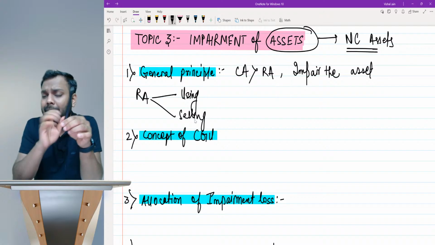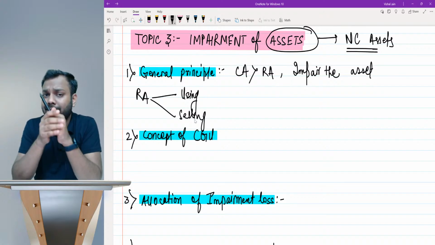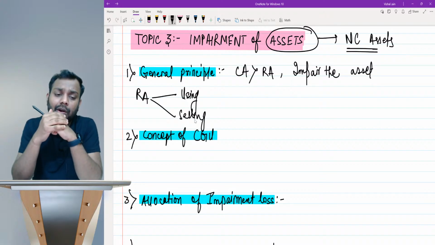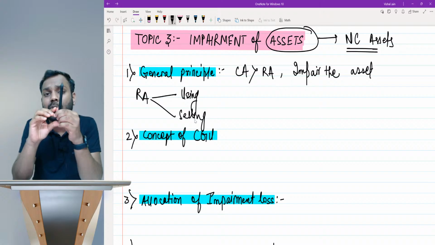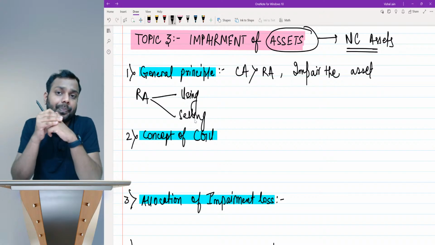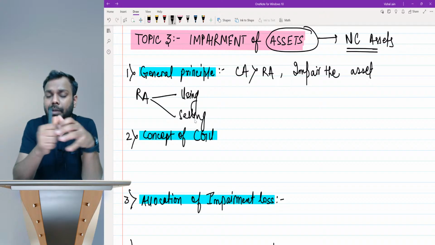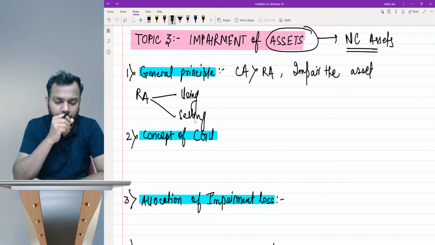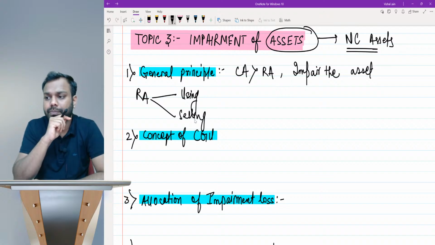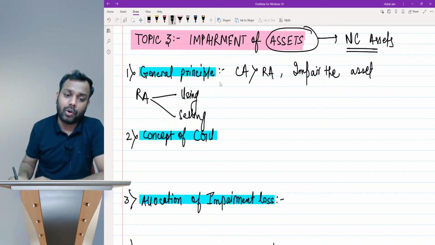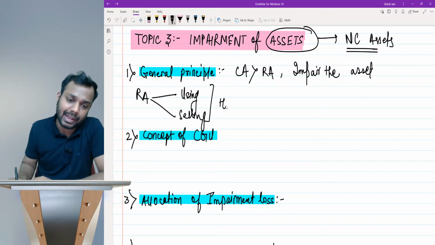What will a rational person go for, using or selling? Use, right? Use.